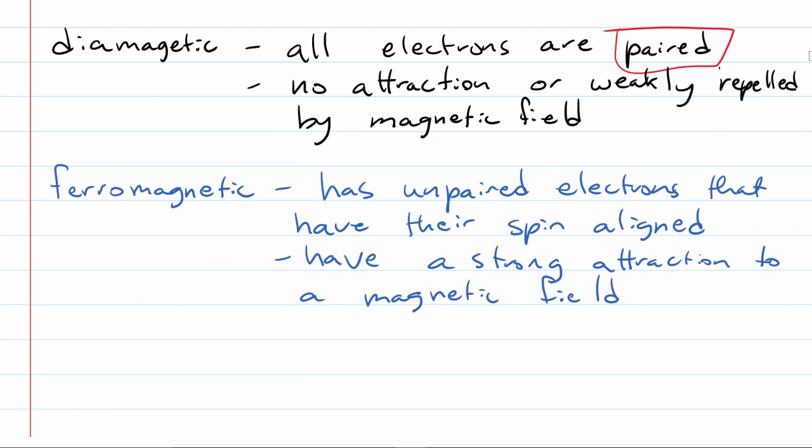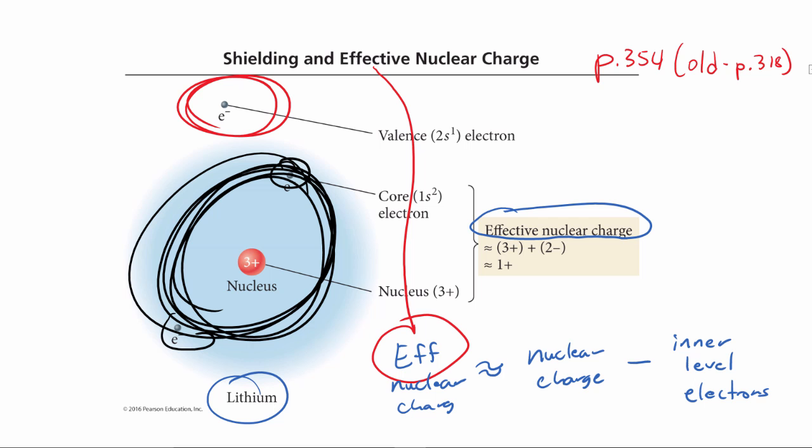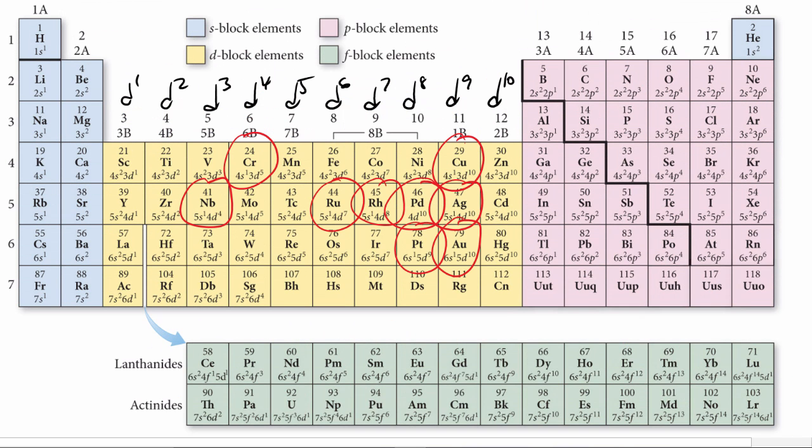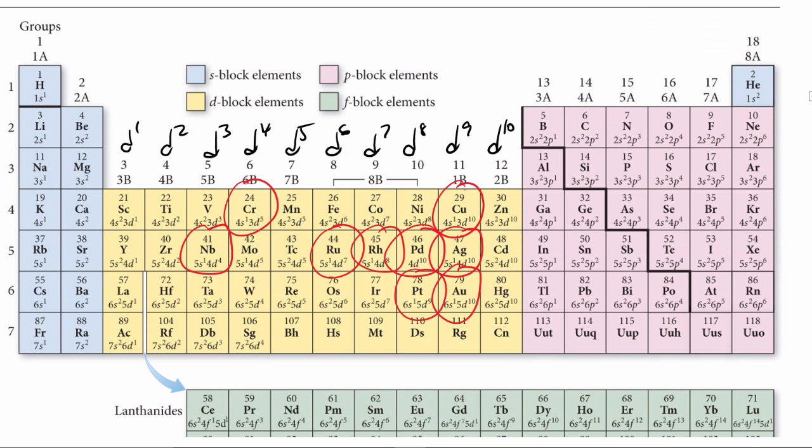Well, we have to go back to the electron configurations. If we go back to the electron configurations, pretty much all of these in this block here have how many valence electrons? Pretty much 2 valence electrons. We can tell that because 4s2, 3d1.